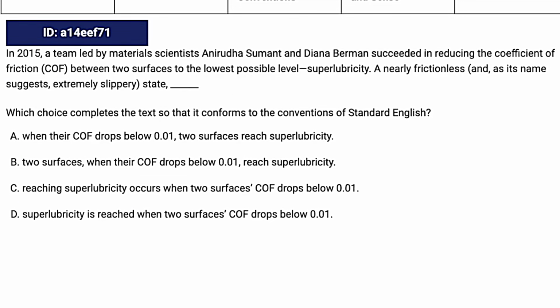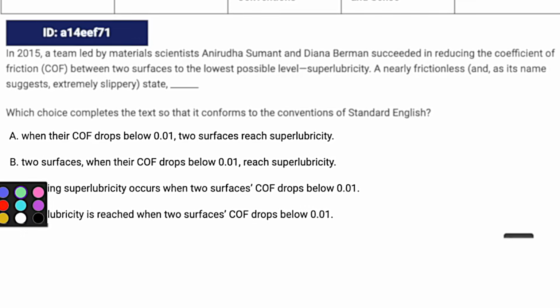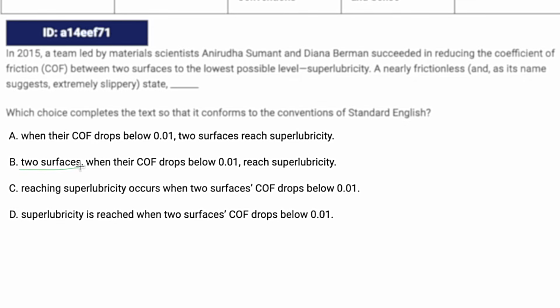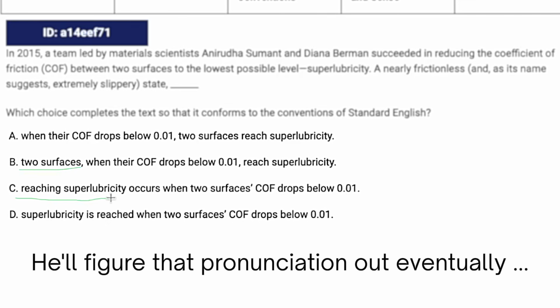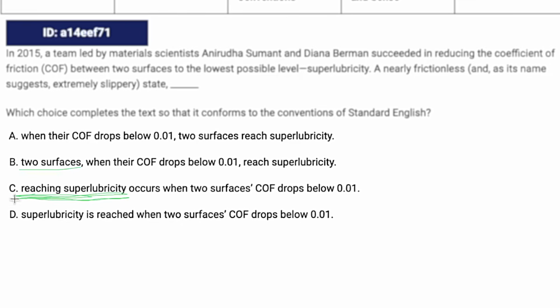All right, let's do one more of these misplaced modifiers. This one is a little bit less obvious, I think, because we do have two surfaces, a noun, but then we have reaching superlubricity, which is technically a noun, but it's like an action noun. It's known as a gerund because this is an activity.